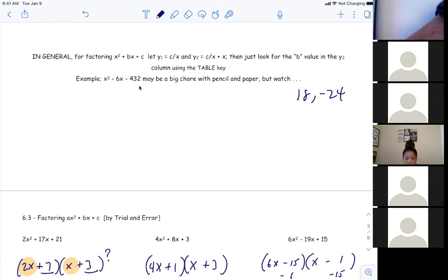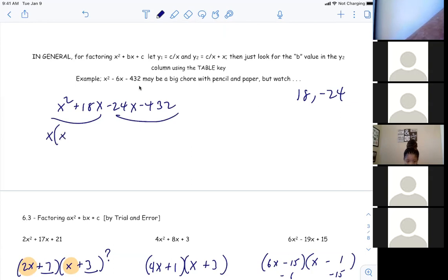So now, if I rewrite this, x squared plus 18x minus 24x minus 432. Common factor here would be x times x plus 18. And the common factor here, I need a calculator. 432. Does 24 go into that?